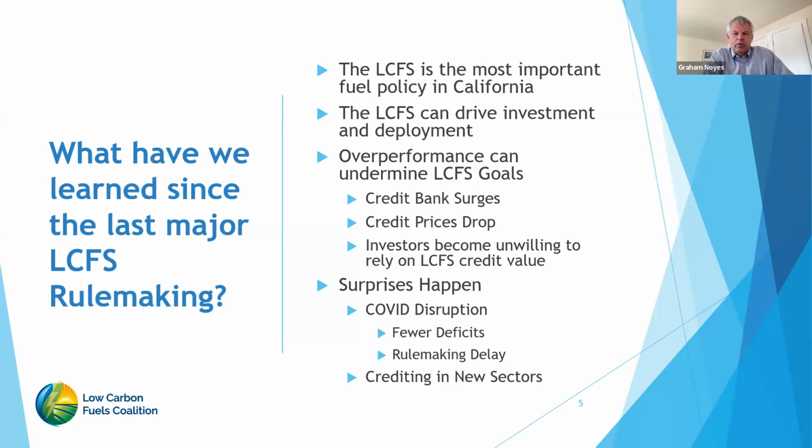We also experienced that overperformance can undermine LCFS goals, in that the credit bank surges, the credit prices drop, and the investors become unwilling to rely on LCFS credit value.